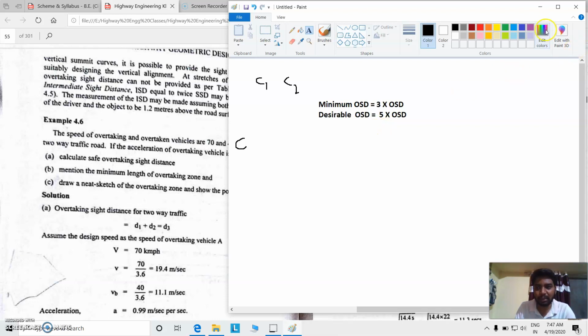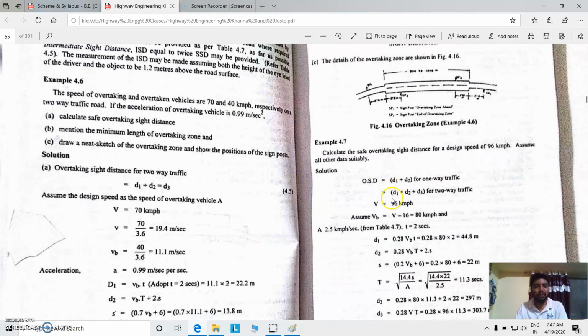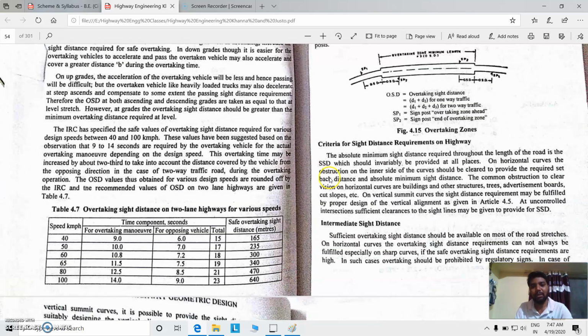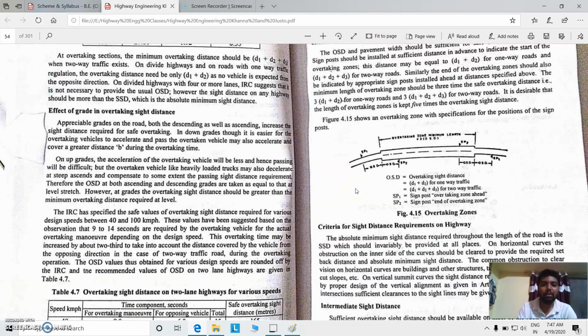The overtaking sight distance is calculated using d1 plus d2 plus d3. Apart from that, we should give the minimum value and the desirable value. The minimum value will be 3 times the overtaking sight distance, and the desirable value will be 5 times. After the calculation of the overtaking sight distance, we should present it with this diagram.